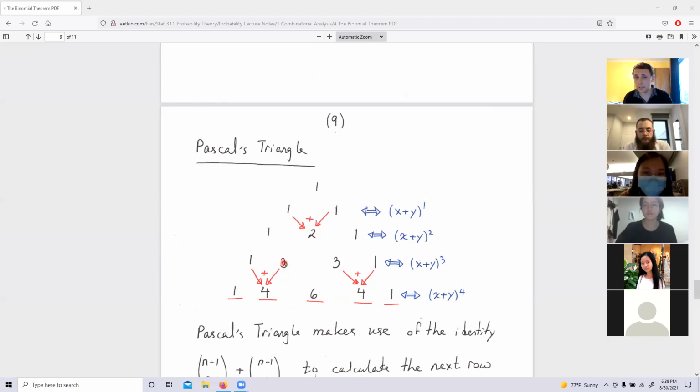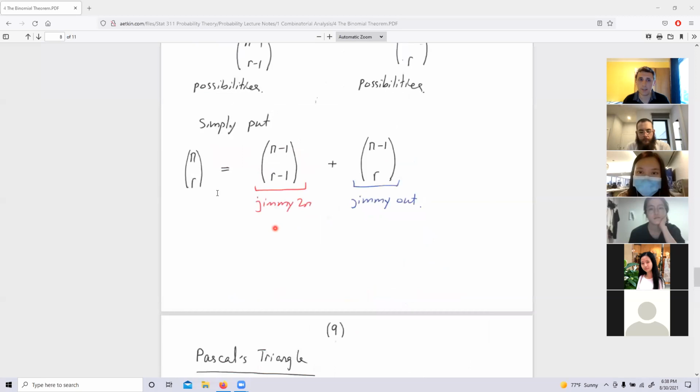A bigger number, better, let's say this 3. This 3 is 3 choose 1. 3 choose 1 is the same as 2 choose 0 plus 2 choose 1. So 2 choose 0 is 1, and 2 choose 1 is 2. So we have 1 plus 2 is equal to 3. It's the Pascal identity. You see what happens?